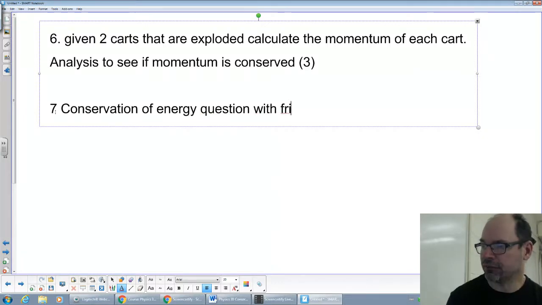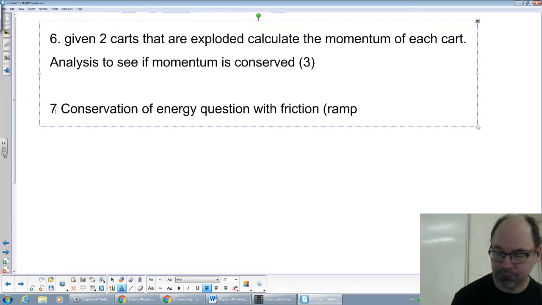It'll either be a ramp question, where you're sliding down a ramp or going up a ramp, or a hill question, or a falling air resistance question.